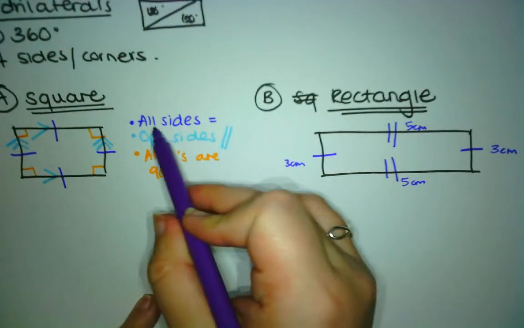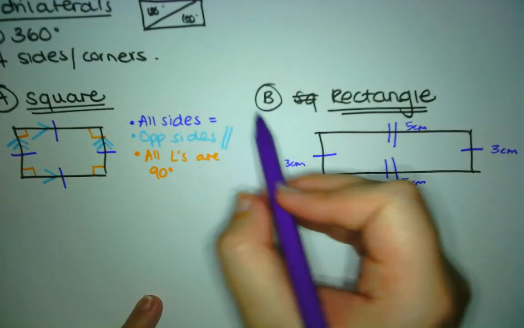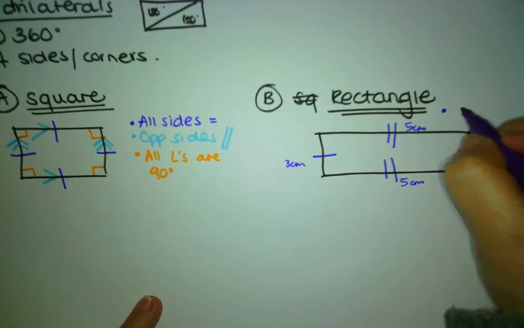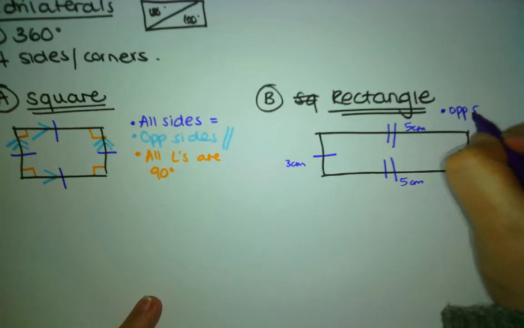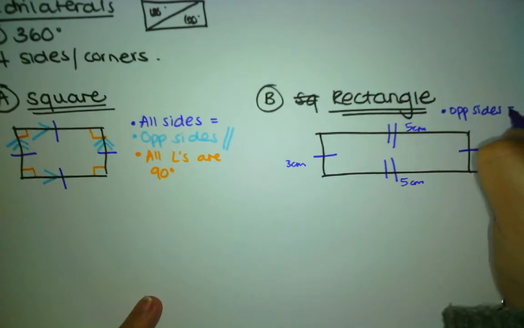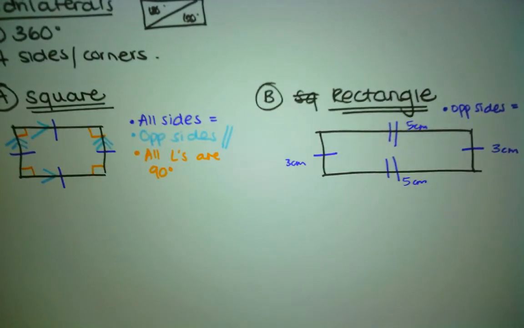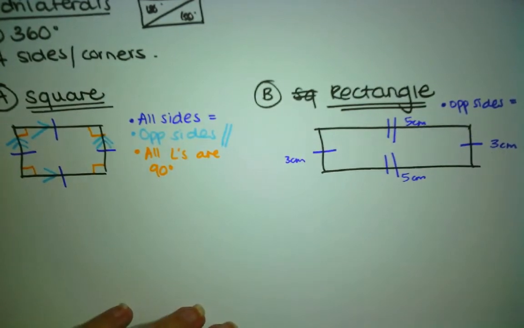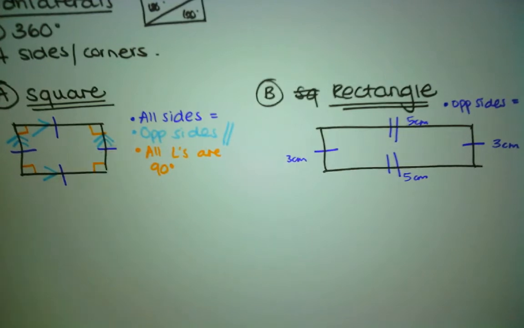So instead of all sides equal, rectangle, what would it be? Okay, opposite sides equal. So only the opposite sides are equal to each other. Alright, then the rest is pretty much the same.